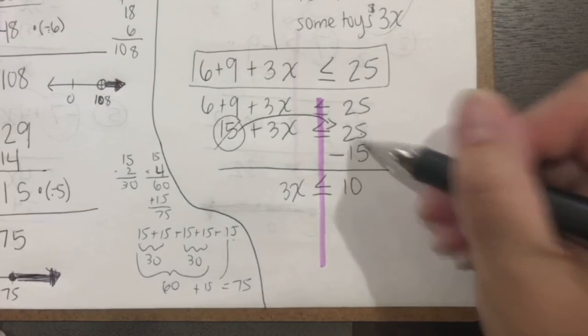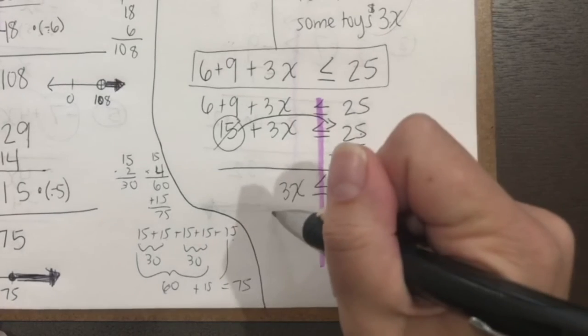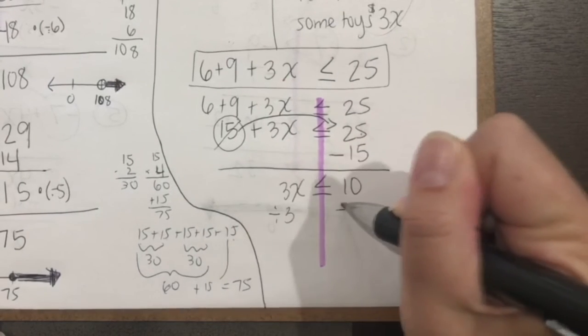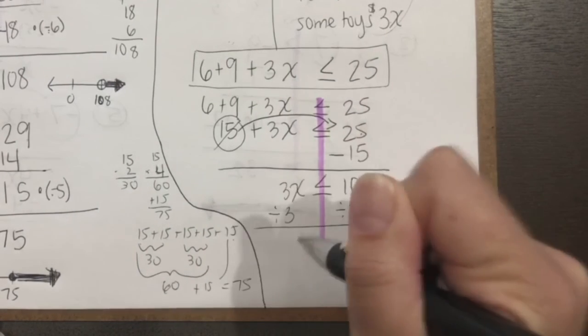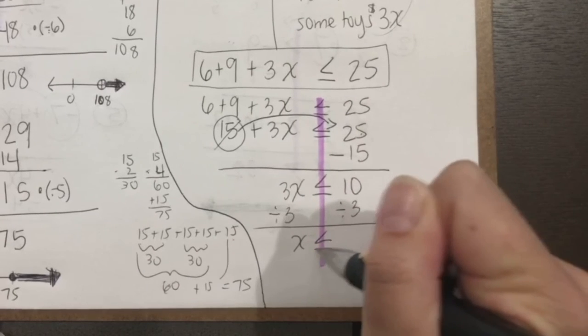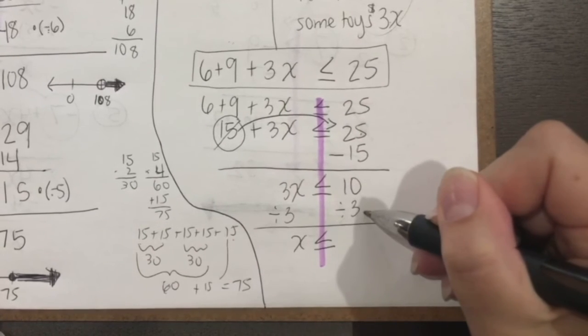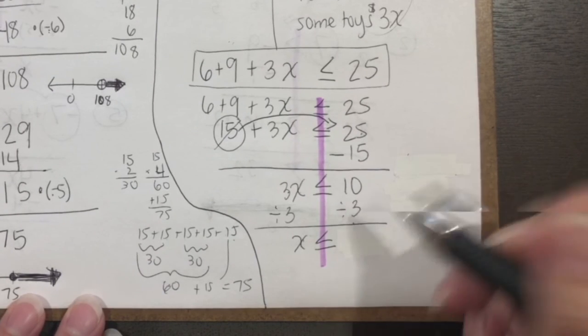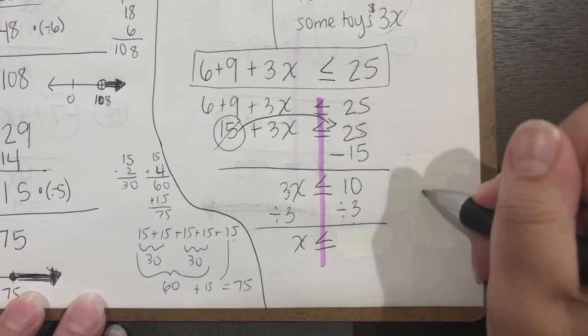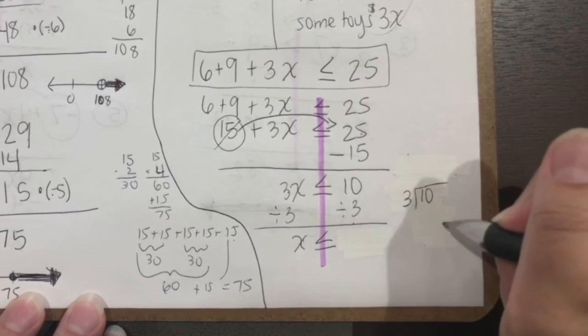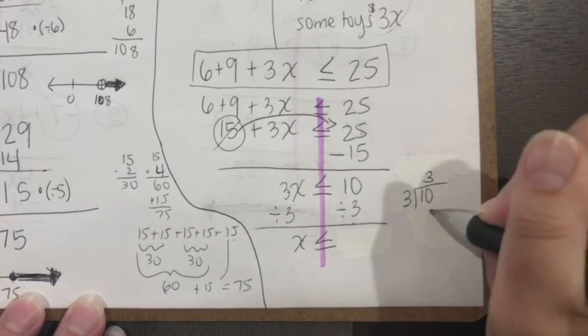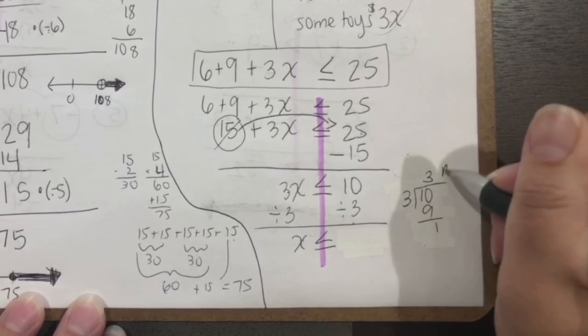Okay. Now divide by 3. And 1x is going to be less than or equal to 10 divided by 3. Well, 10 divided by 3 is going to be 3 with a remainder of 1.